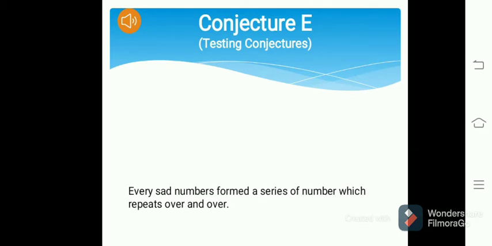Now to test conjecture E: every sad number forms a series of numbers which repeats over and over. Just like what I said earlier, the sad numbers have a loop, and we can say it's a circle of sad numbers because the process repeats over and over.